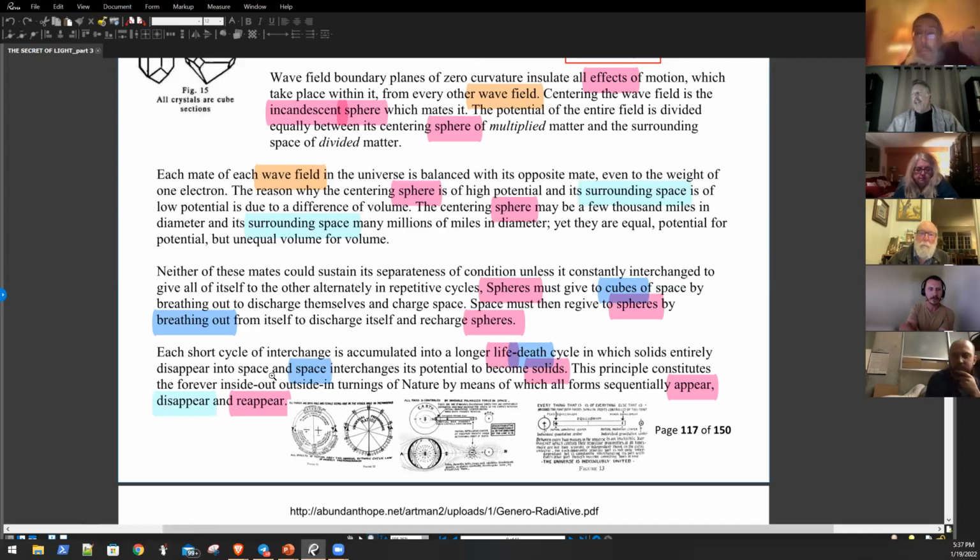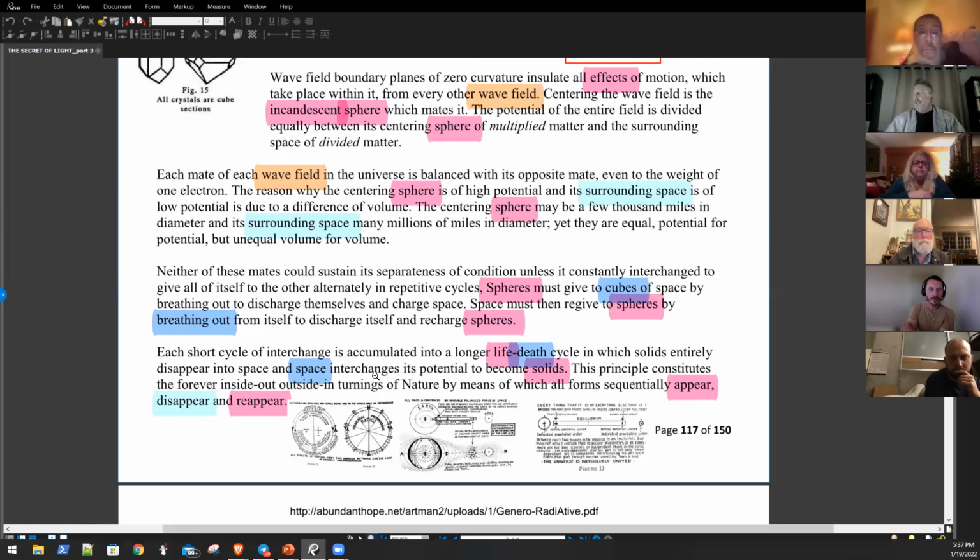So each short cycle of interchange is accumulated into longer life-death cycles in which solids entirely disappear into space, as you were talking about, Giselle. Blue interchanges its potential to become solid. So as the potential becomes high, we get the higher concentration, the higher congealing, this making into a solid.